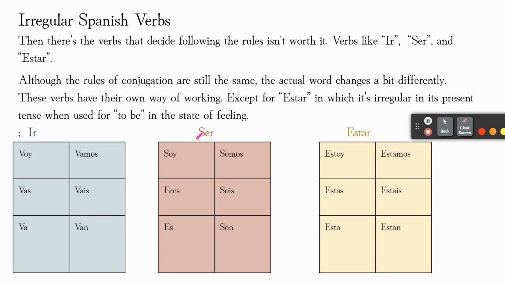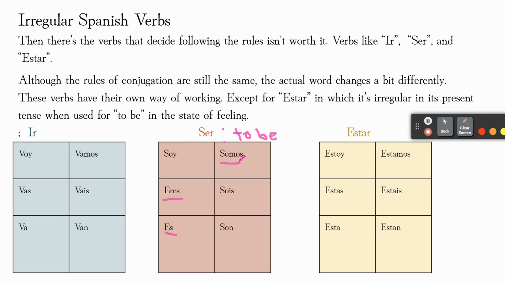And then we have ser, which, as you can see, not all of them start with an S. For ser, the yo form is soy. The tú form is eres, which means to be, by the way. The él form is es.